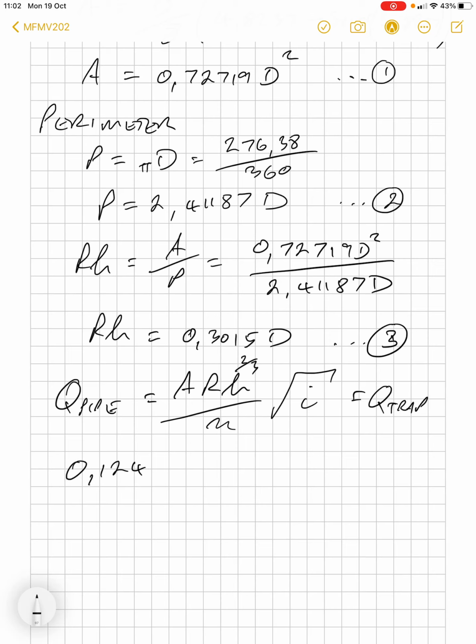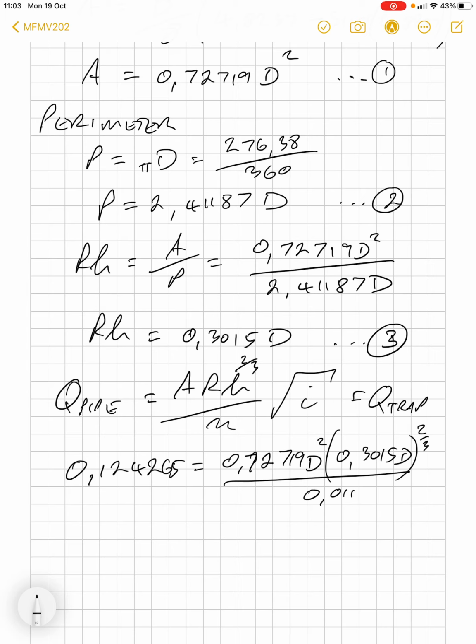So we say 0.124265 is equal to 0.72719 D squared times 0.3015D to the power of 2/3 over 0.011 times the square root of 1/1800.